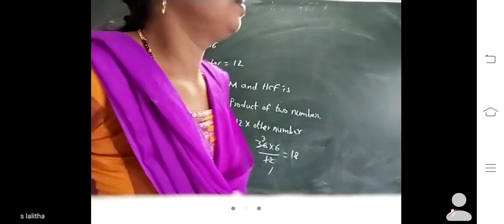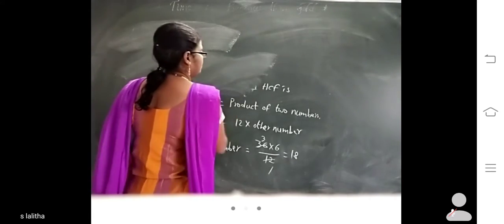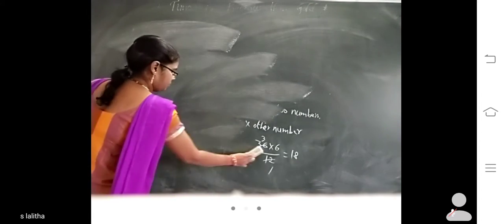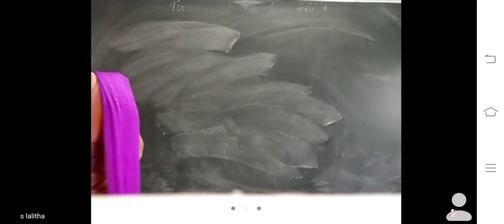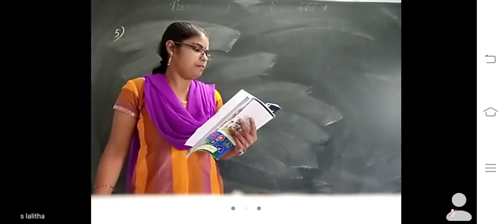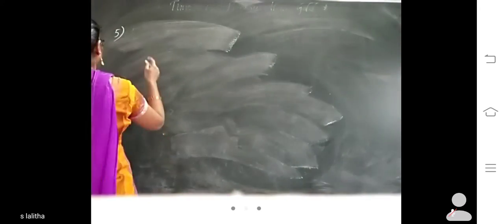So for two numbers with LCM as 384 and HCF as 16, is it right or wrong? Yes, it is right.